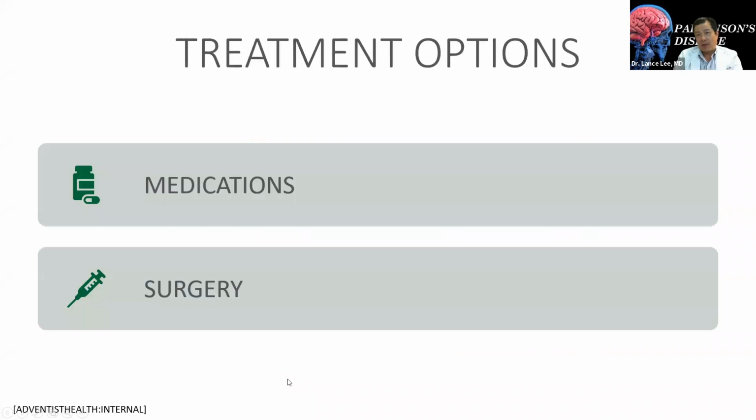Let's talk about the treatment options. The main treatment options are medication and surgery. Of course, we have other modalities that we utilize a lot, and we'll talk about that too. But the medication is the mainstay of the treatment. As we discussed earlier, we're lacking dopamine in our system.